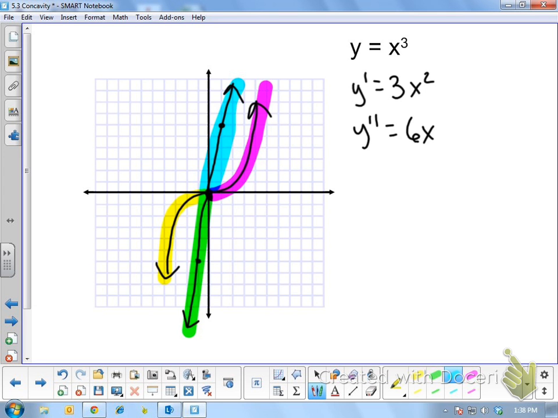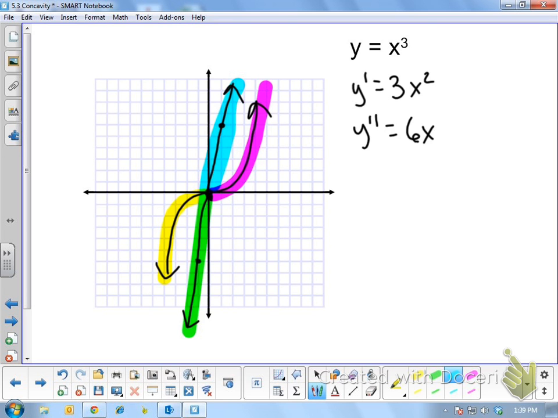So do we change sign? What is different about those two intervals? And how do we change sign on this? We go from negative to positive. So what kind of concavity did we have on this interval from negative infinity to 0?